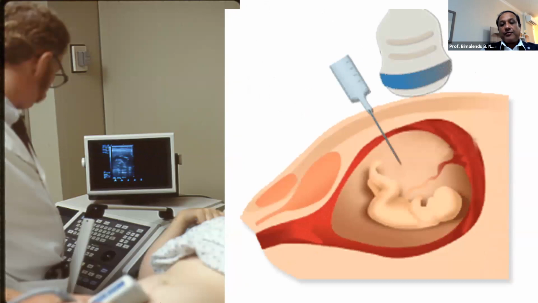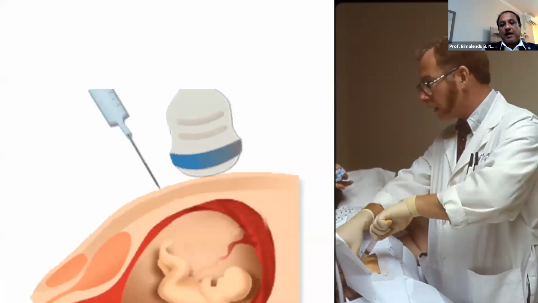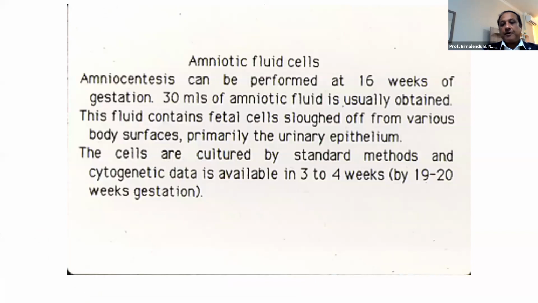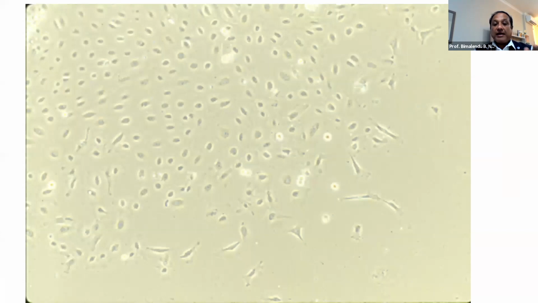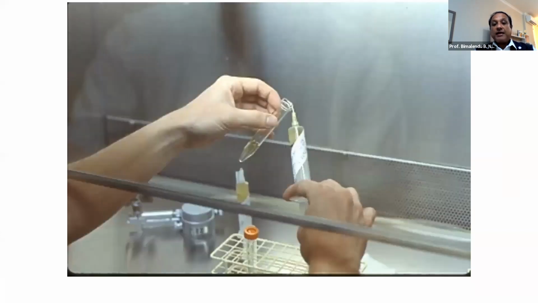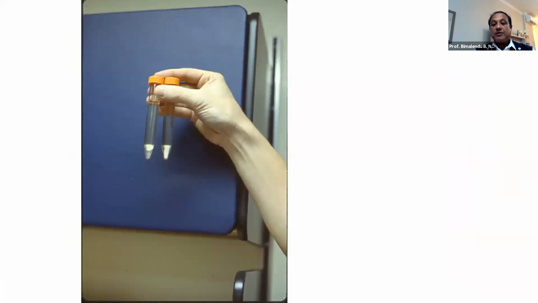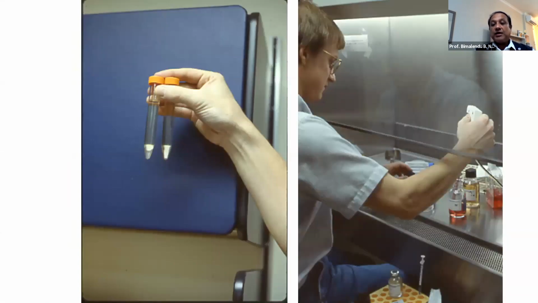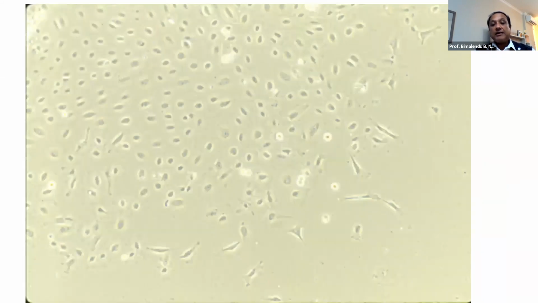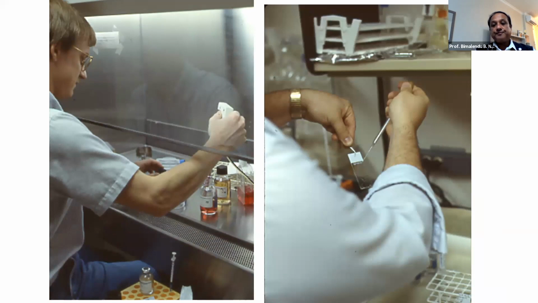So when you see the ultrasonography aiding the collection of samples, you can collect maybe 30 ml of amniotic fluid, and then you can examine it under microscopes, centrifuge it, pellet it, and do the rest of the procedures, like adding hypertonic solution, fixations, and then they make chromosome preparations and so on.